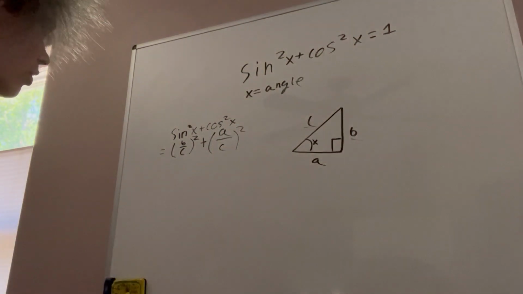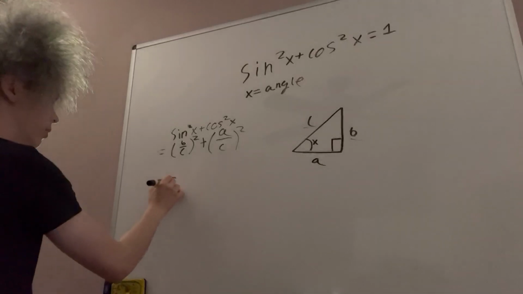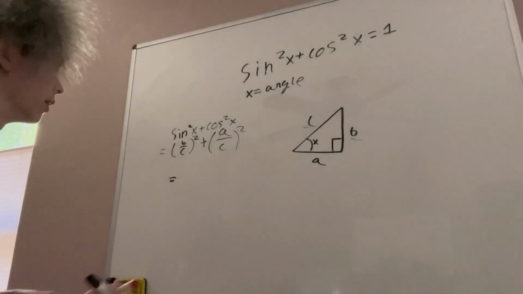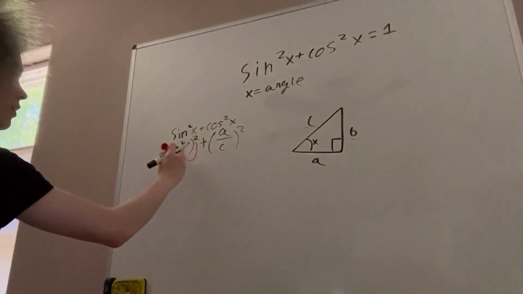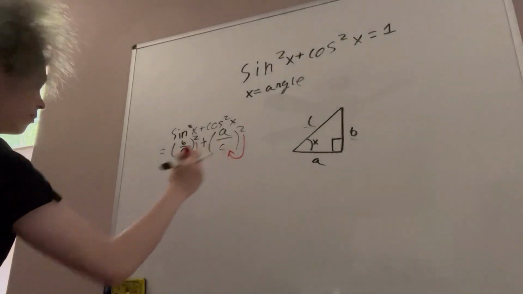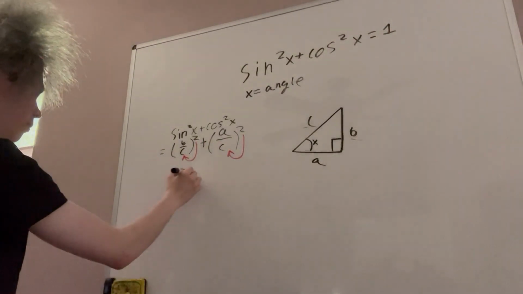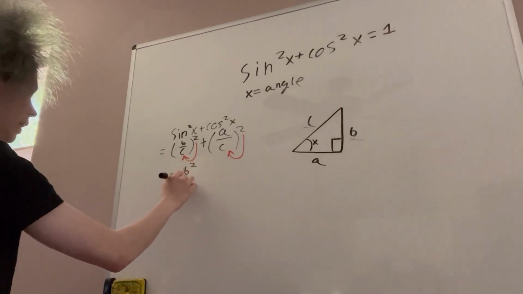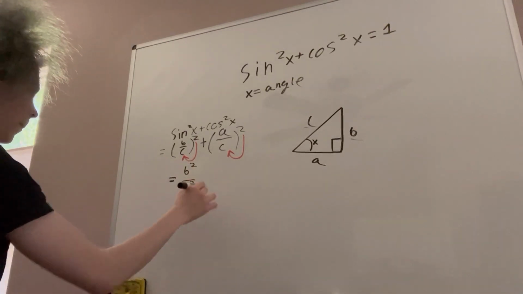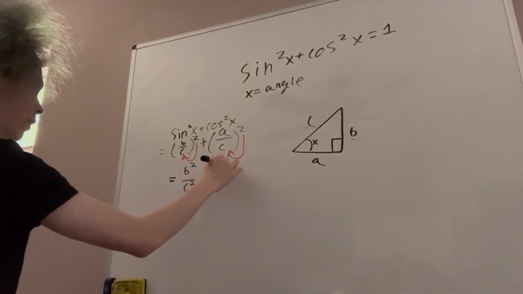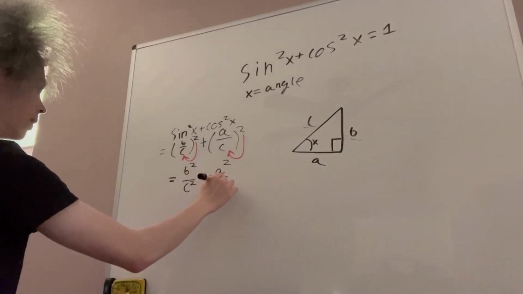Okay, now from here it's pretty simple. I'm going to distribute this exponent inside of each fraction to the top and bottom variables, I guess you could call them. It's going to equal b squared over c squared plus a squared over c squared.